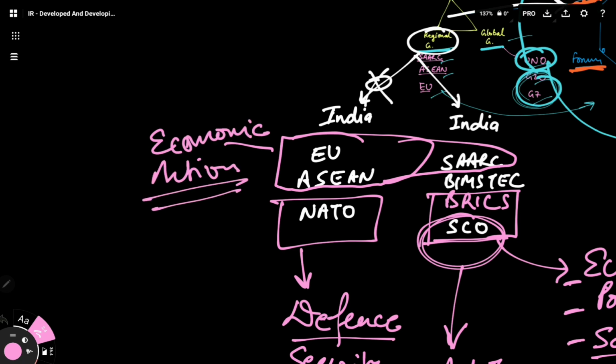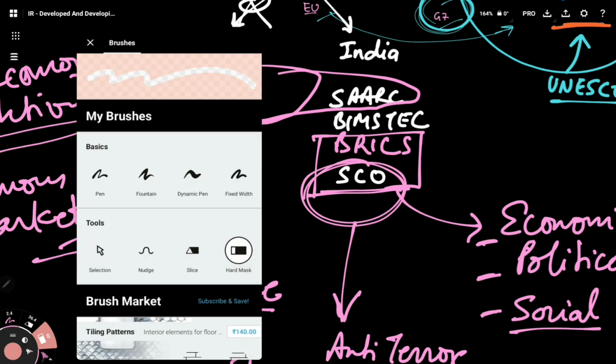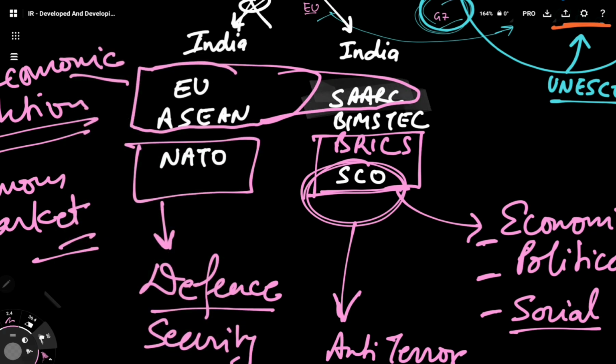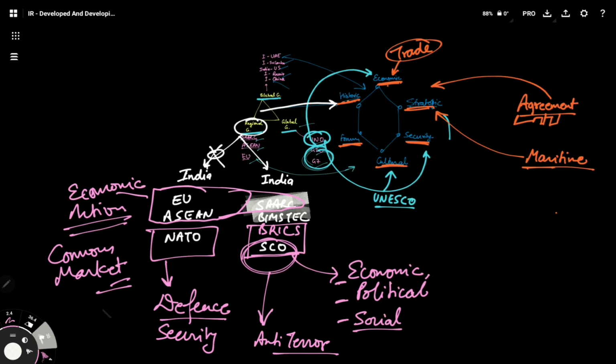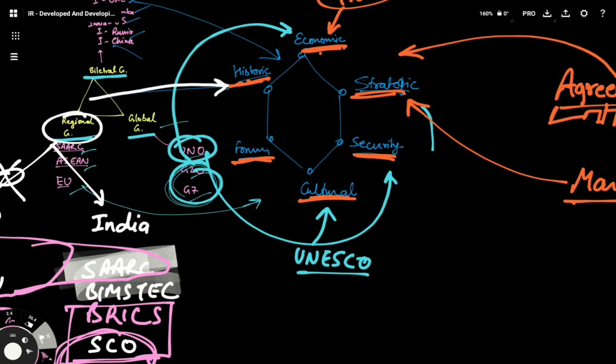Their ultimate goal is to become a common market, single common market. Okay, although SAARC is not successful in achieving its full potential of becoming an open market. Okay, these are mainly regional groupings.